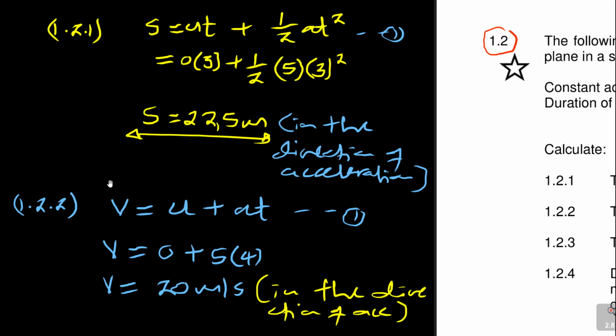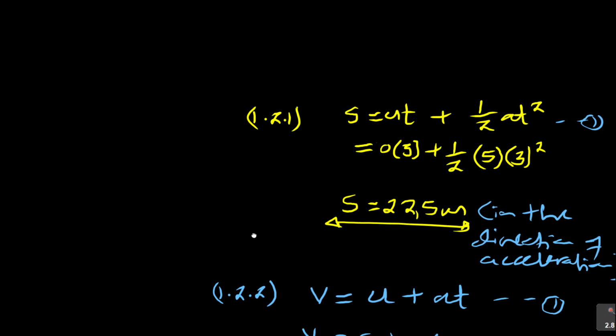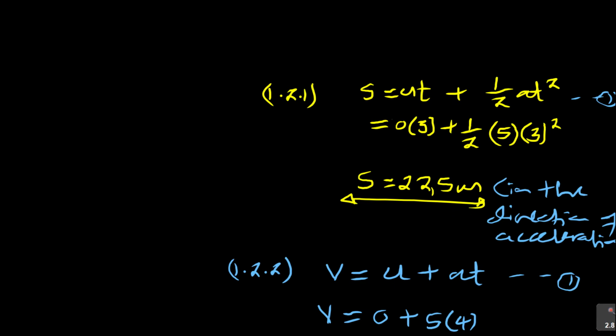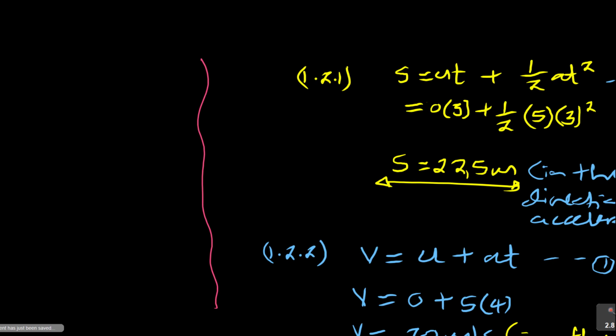Okay, what I was telling you here was, if you wanted to work it with the other formula, which I wouldn't recommend, you're going to say your new displacement s is equal to ut, 0 times t, sorry about that, 0 times 4 plus half, our acceleration is 5, and then our t is 4 squared.